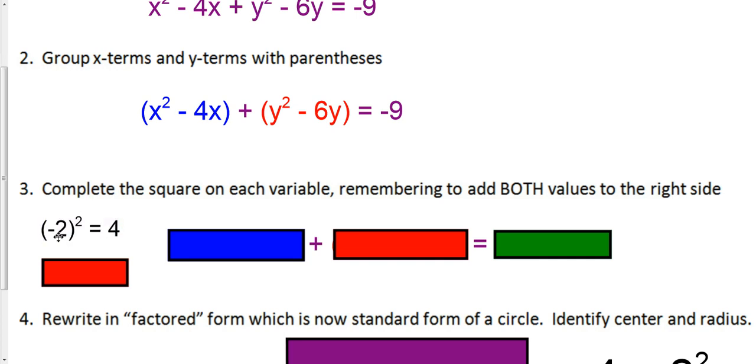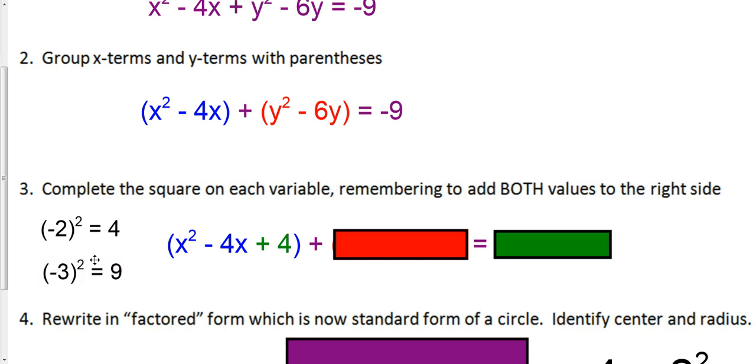Square that: negative 2 times negative 2 is positive 4. That's what I would be adding to this piece, a positive 4. Same thing with our y pieces. Half of negative 6 is negative 3. Square that: negative 3 times negative 3 is 9. That's what I'm adding to my y pieces.